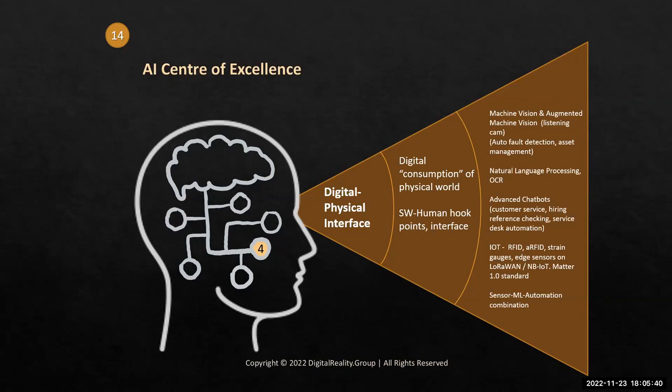They would have a separate department specializing, knowing inside out what IoTs are possible for the industry that they work in. An example of IoT would be machine vision, augmented machine vision. Certain cameras can see and listen.